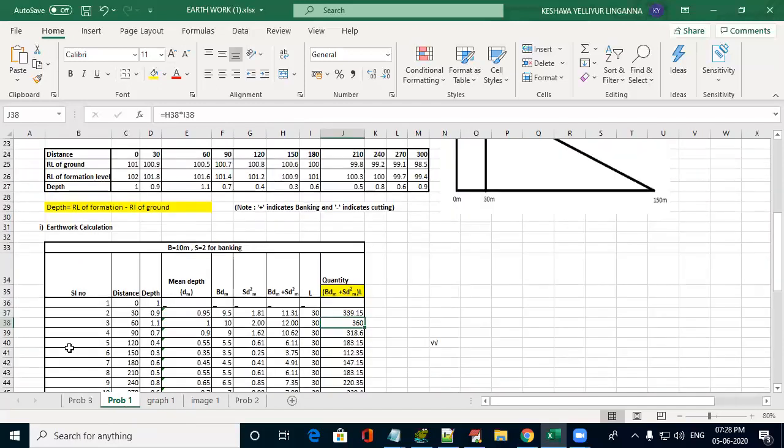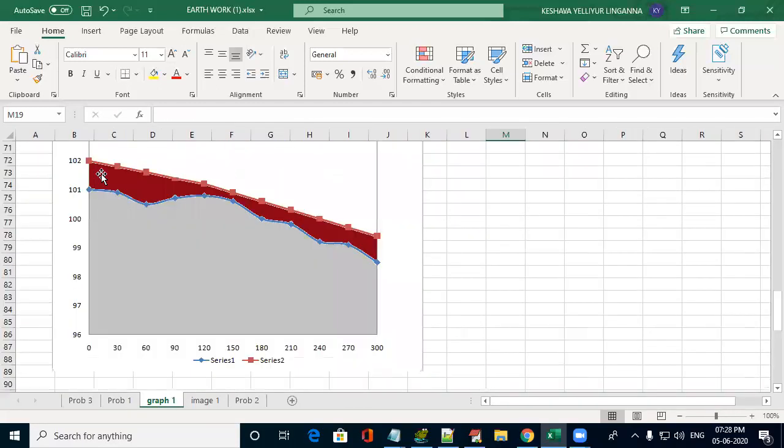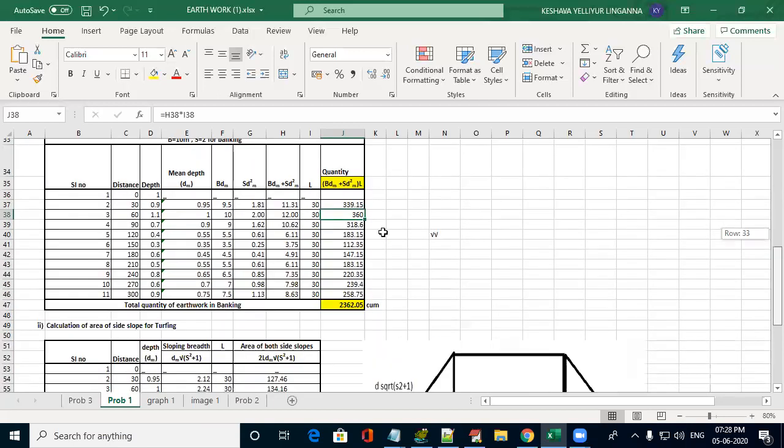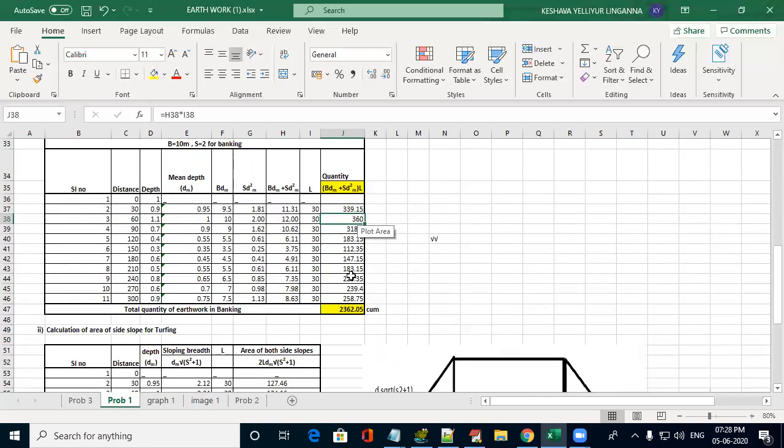So to get the complete volume of filling, you have to add this column. If you add it, you will get 2362.05. This is the total quantity of earthwork in banking.